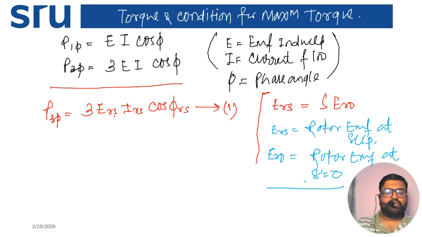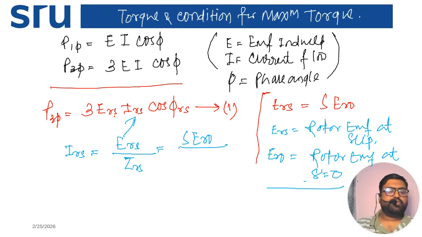Similarly, we can discuss other factors. And we know the other term, IRS. Already we know that IRS is nothing but ERS divided by ZRS, or otherwise in place of ERS we can write S into ER0 divided by the square root of R squared plus (S into XR0) squared.